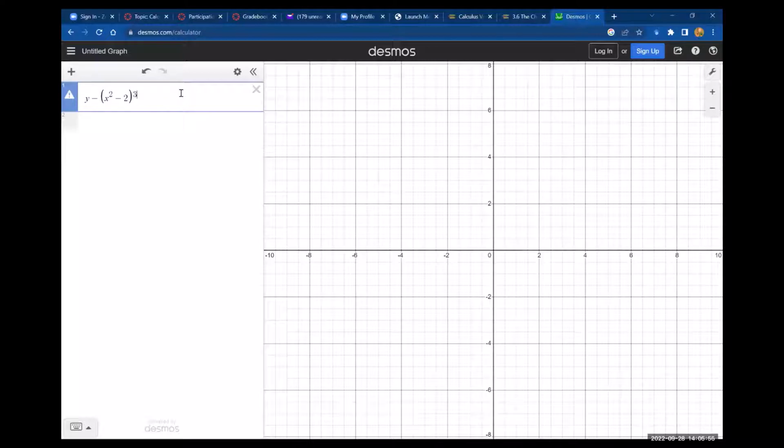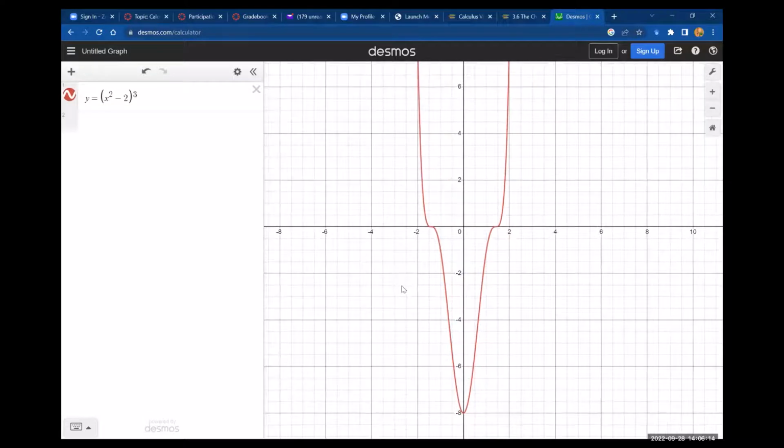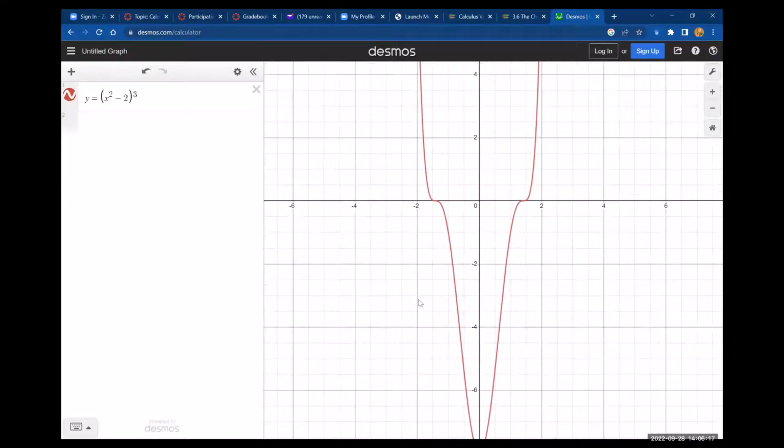You are seeing it now, right? Yes. Okay. All right, so that's a very odd looking graph. It's a very odd looking graph, but hey, it is what it is, right?